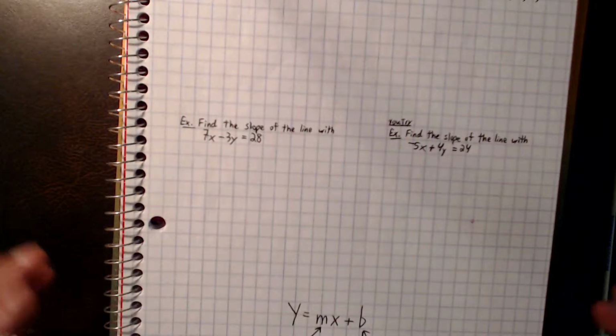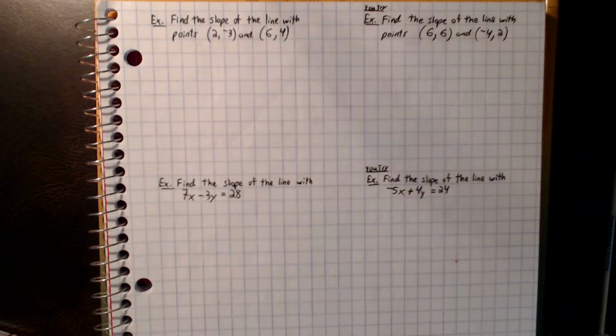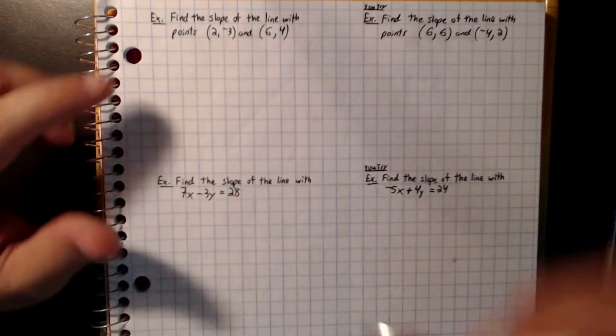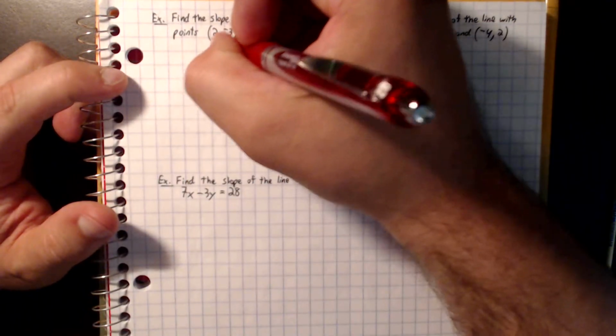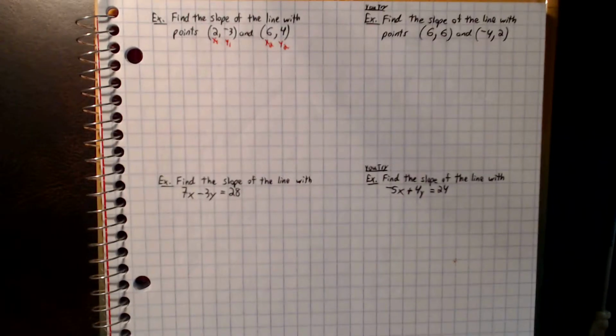I have a couple example problems that ask us to find the slope of a line with these points. If you need a label, right? x1, y1, x2, y2. Now, if you didn't have that written down, rewind it, write it down. But that formula is pretty easy.